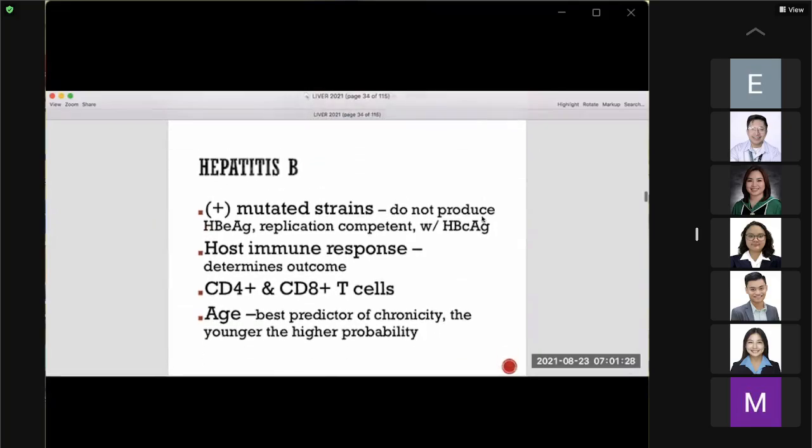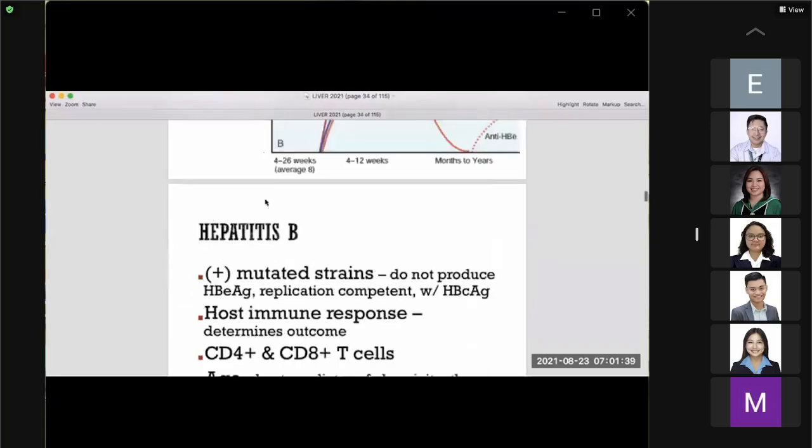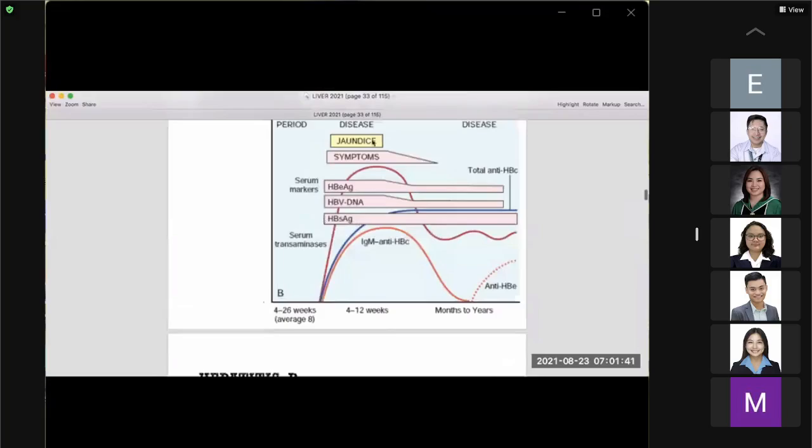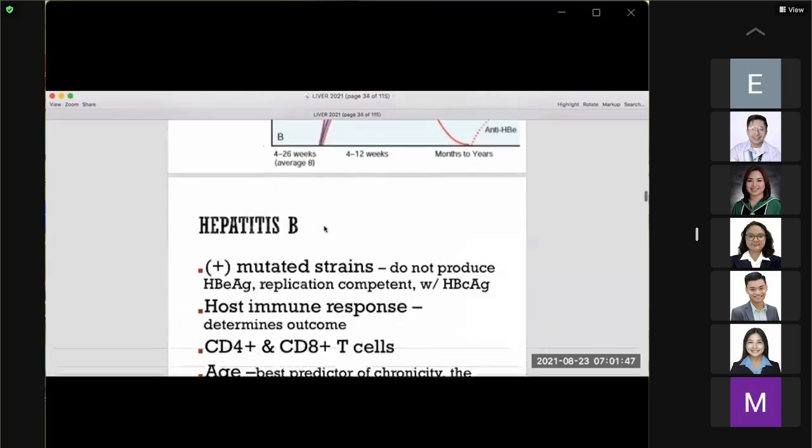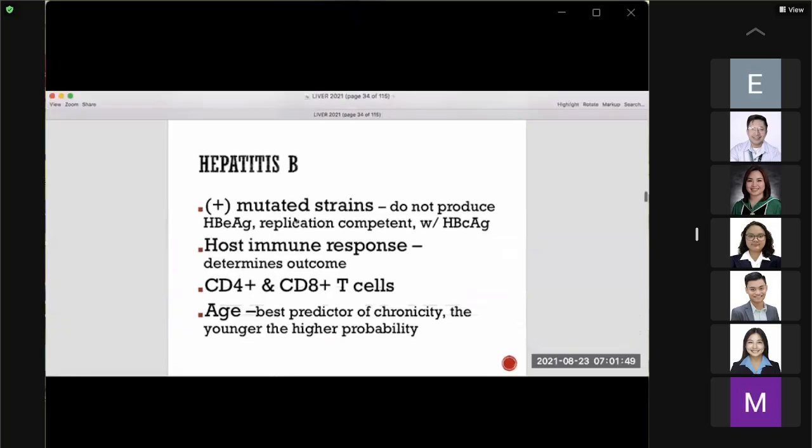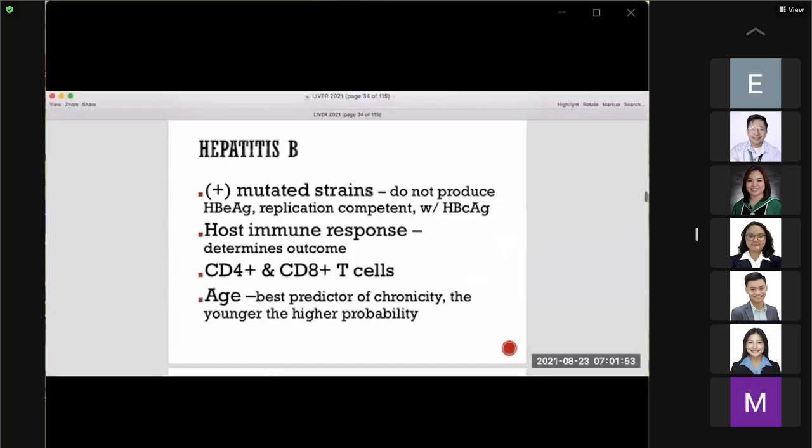There are instances that in certain patients, they have mutated strains, and these mutated strains do not produce HBe antigen. So that would now affect the serologic profile of the patient. So there are instances that HBe antigen is not detected because it is the mutant strain that does not produce this one.